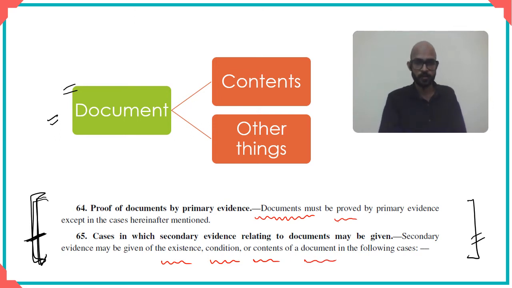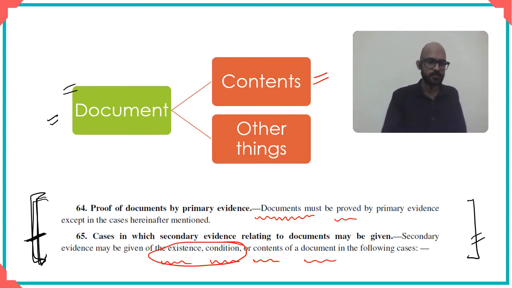So here you see contents of a document and you also see other things. When you talk of the existence of a document, it is whether the document exists or not. Condition may be that maybe it's torn, maybe it's tattered, maybe it's in good condition, maybe it's with someone, maybe it's with someone else. So these are various aspects and attributes of a document.